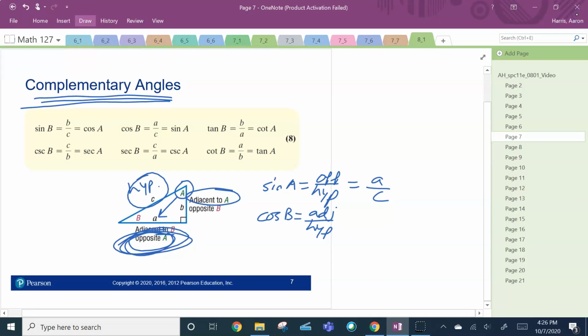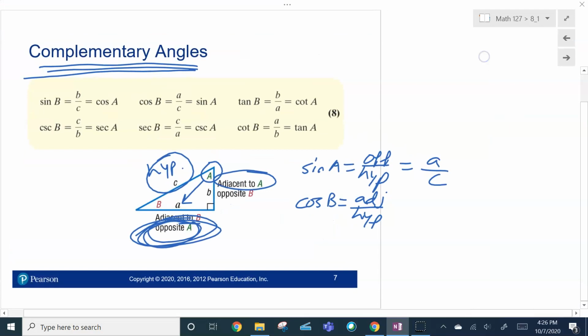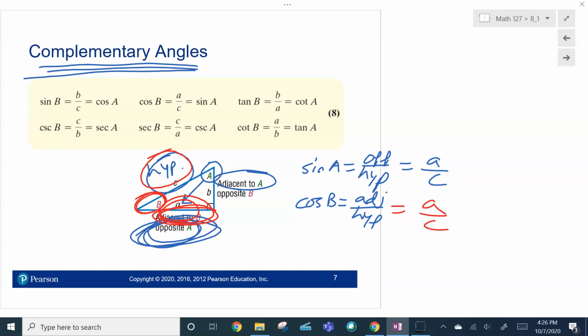So if we're doing the adjacent side to B, here's B, the side that's adjacent would be right here, a, and the hypotenuse would be c. So the sine of A and the cosine of B, right, complementary, if you will, angles.